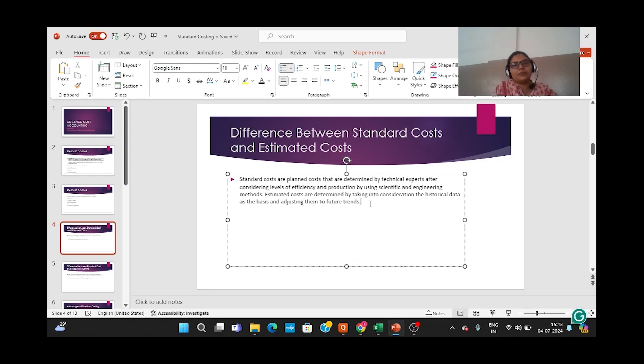Next, in case of estimated cost, past experience and future changes are necessary for determining it. But standard costs are established by the engineering and production department.